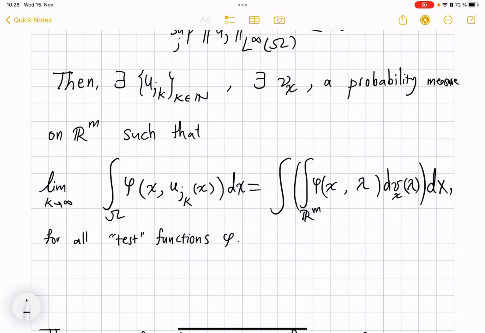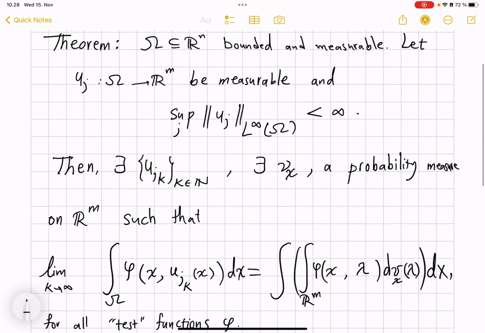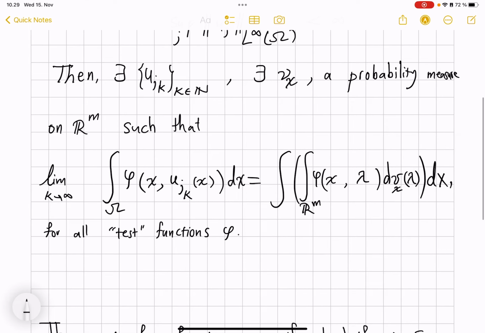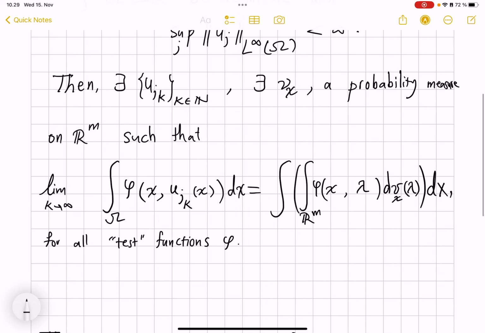Okay, and comma. So then the claim, this is a theorem, that if you have only a bounded sequence of measurable functions, you can go to a subsequence so that then you can associate to every x, or we can say for almost every x, there are delicate issues there. Okay, let's focus on the main idea.